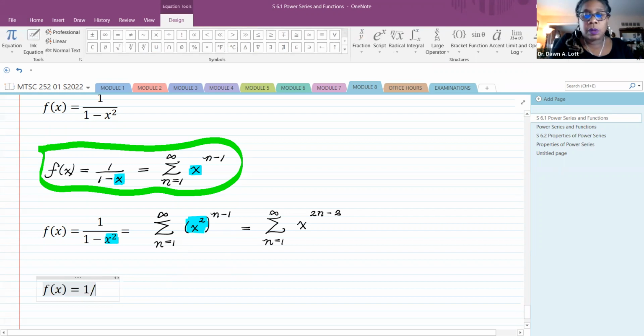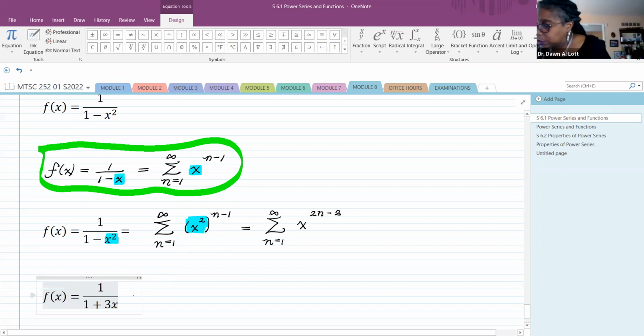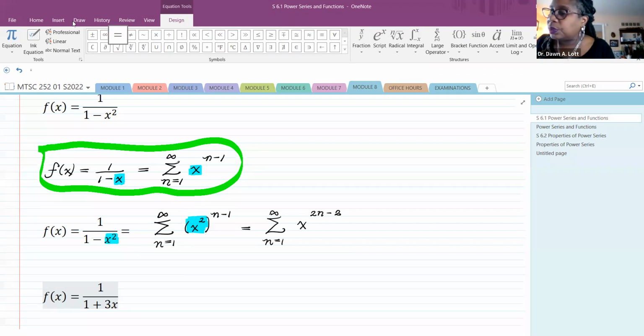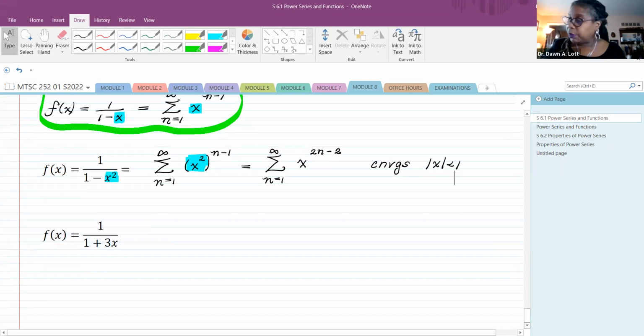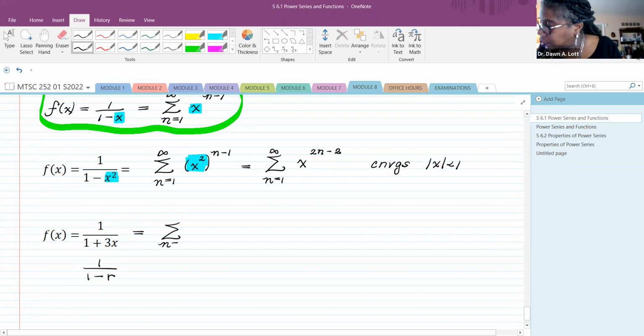Right. So if I give you f of x equals 1 over 1 plus 3x, now this one converges again when the absolute value of x is less than 1. But remember, this is 1 over 1 minus r. So this is going to be the sum from n equals 1 to infinity, where a is 1 and I get r to the n minus 1.